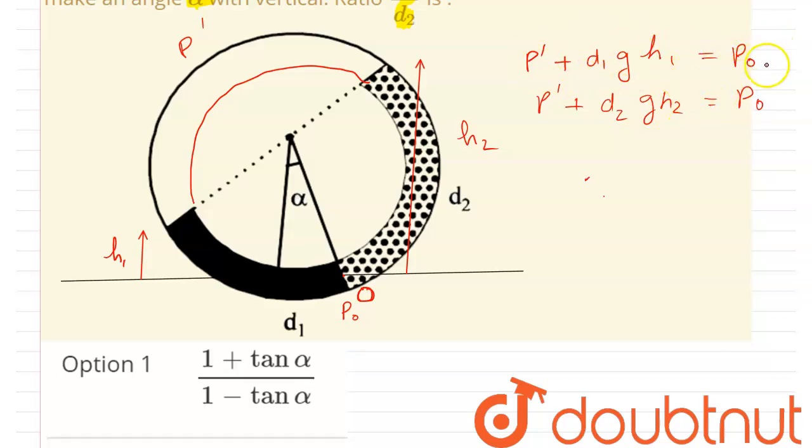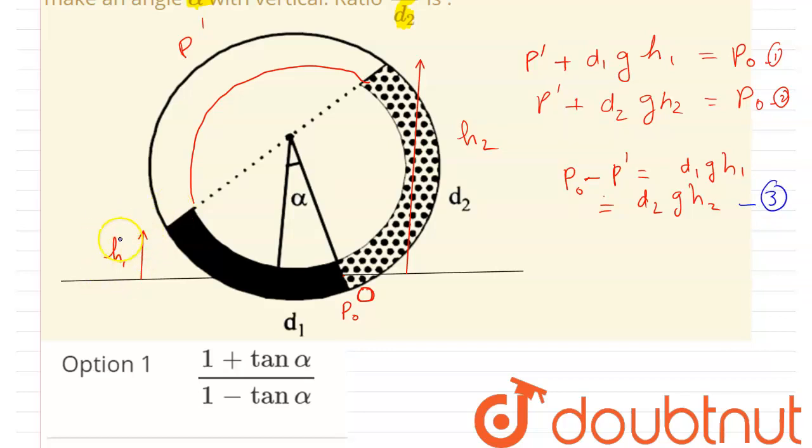If I say this is equation 1 and this is equation 2, from equation 1 I am getting P naught minus P dash equals D1 G H1, and from equation 2 I am getting D2 H2 into G for the same, right? So we got this equation, and we will be using it. Let's say this equation is 3.